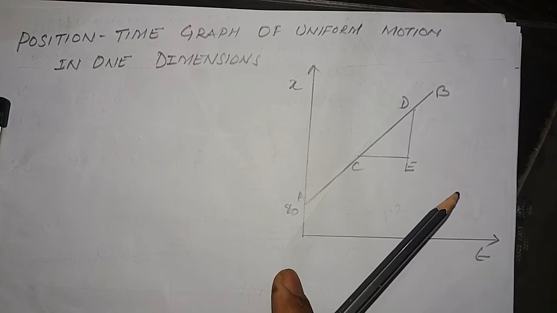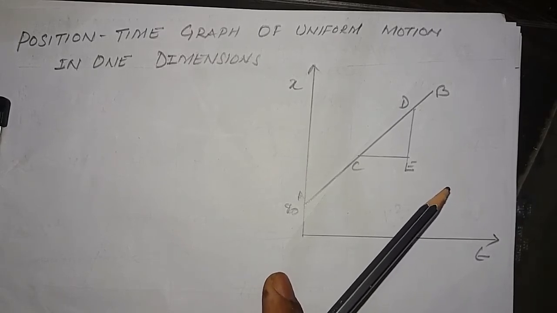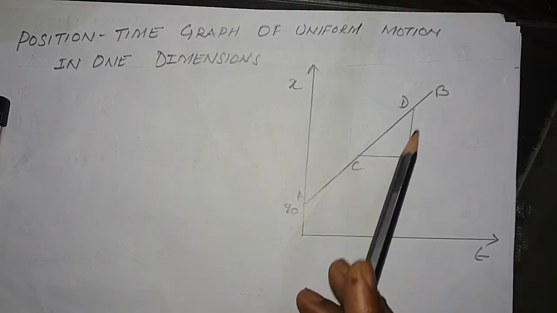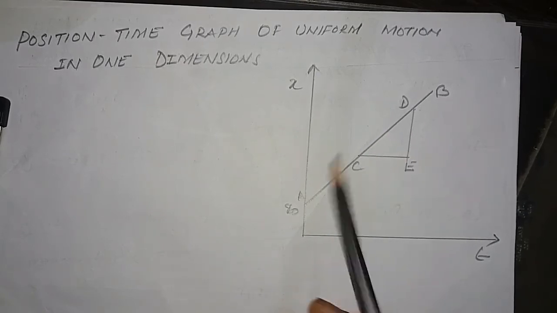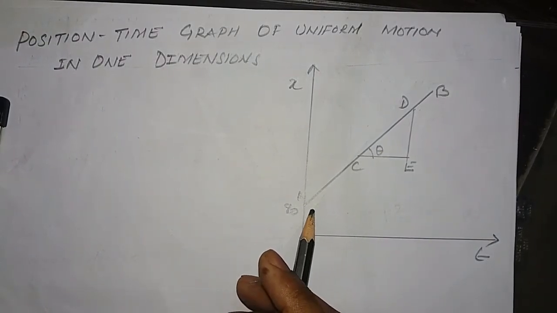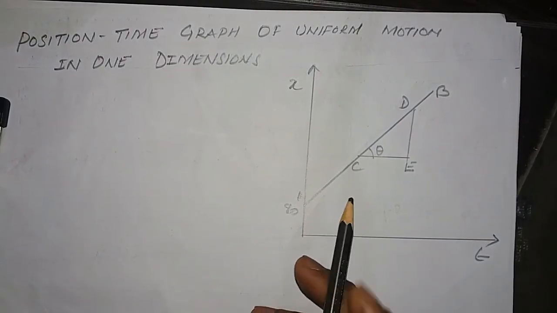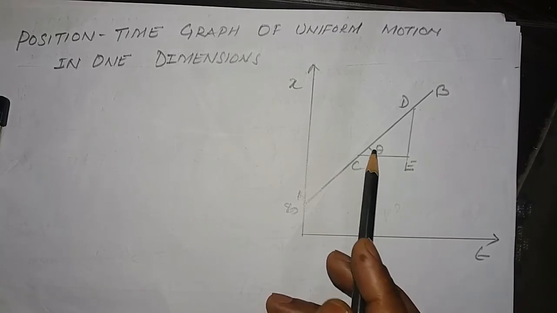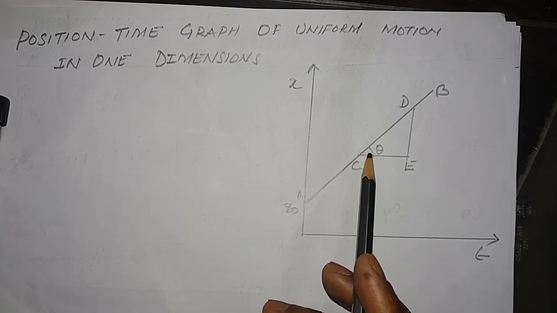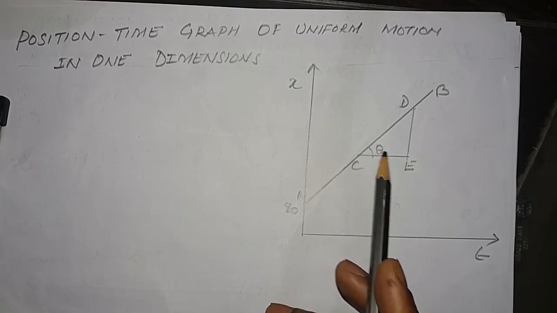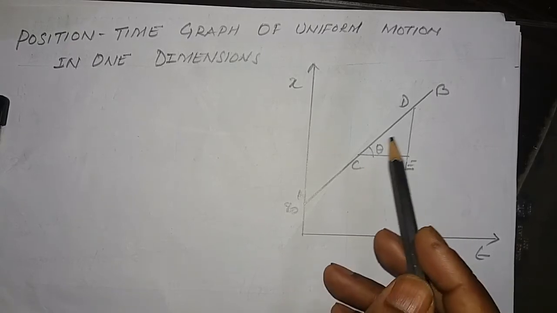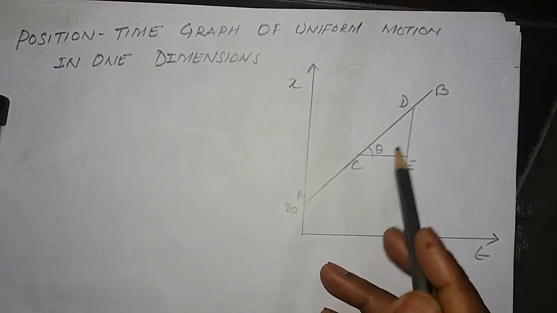Now, the velocity of an object in uniform motion is equal to the slope of the position time graph with time axis. If we find the slope of this graph with the time axis, that will give you the velocity of the body. Slope means I have to calculate tan theta.